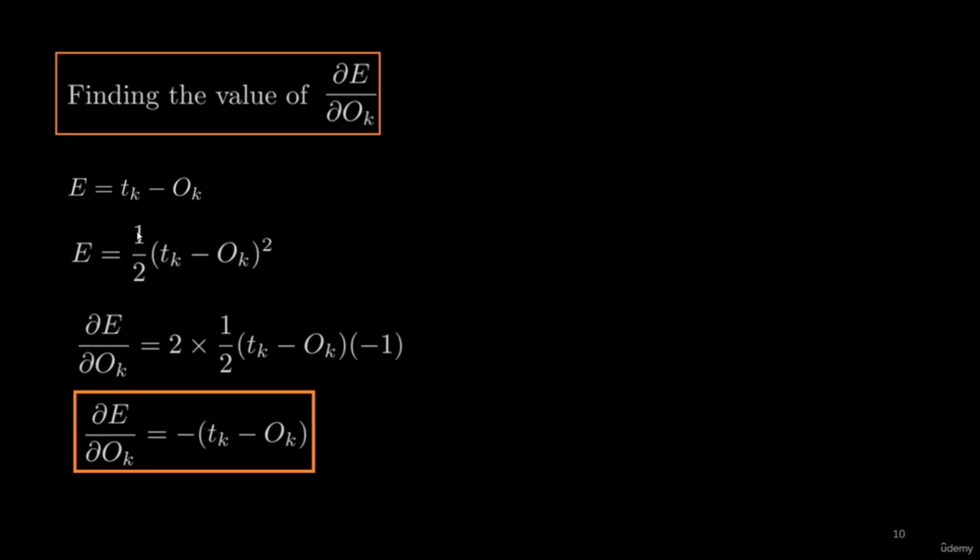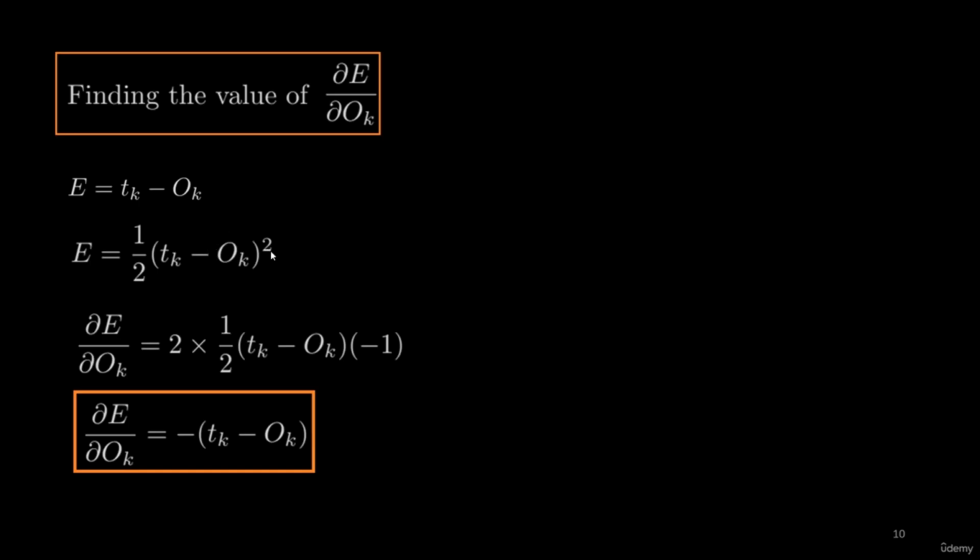So mathematical convenience is here when we take the derivative of this E with respect to OK, we can see that this is basically like x square. If you treat this whole bracket as x, so this is x raised to power 2, that is x square. So we know that the derivative of x square is 2x, 2 times of x.